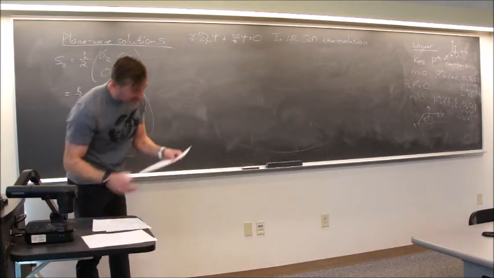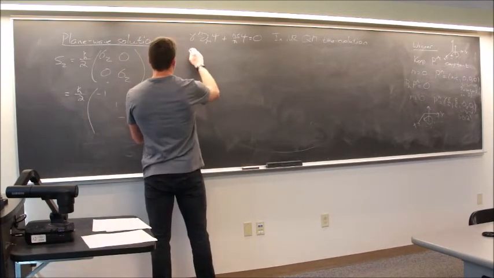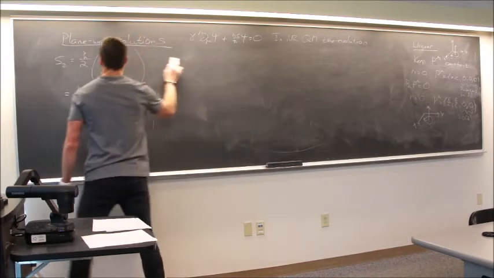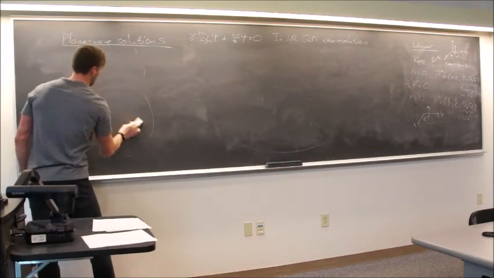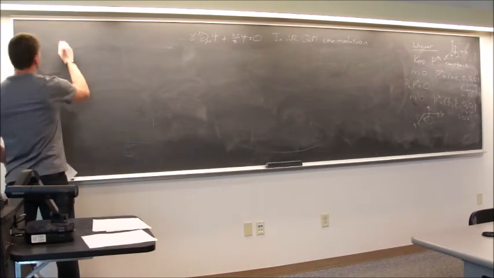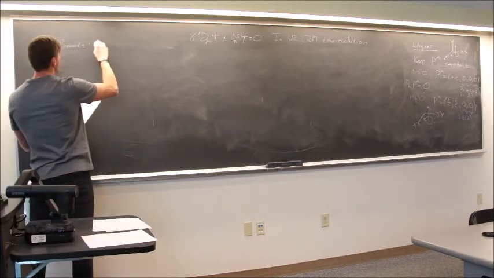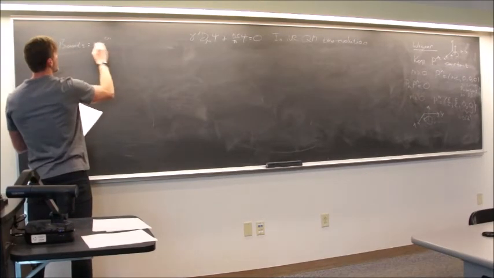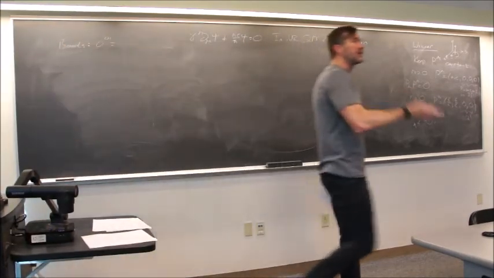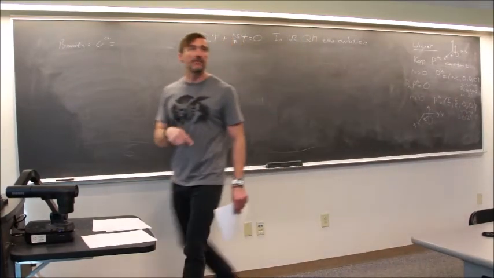So if we go back to the Dirac equation and we think about what boosts look like, remember we built these little sigma generators of Lorentz transformations by taking the commutator of the gammas.